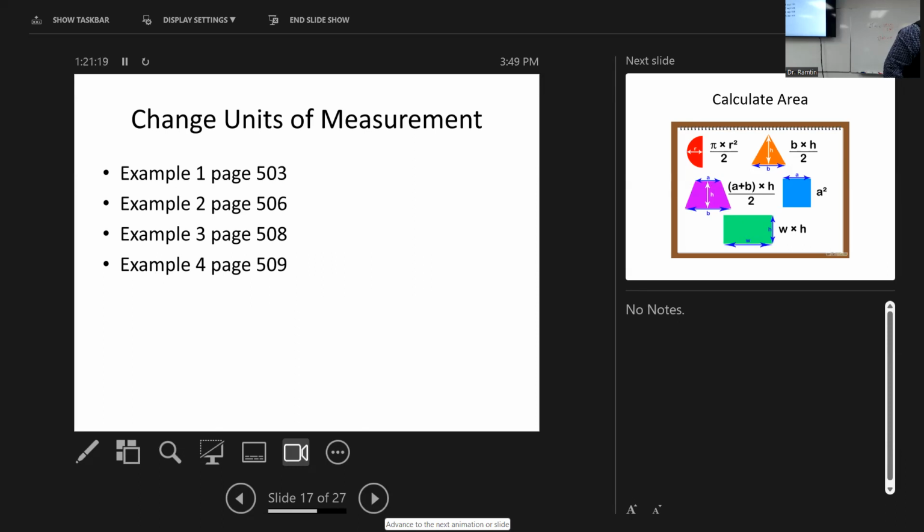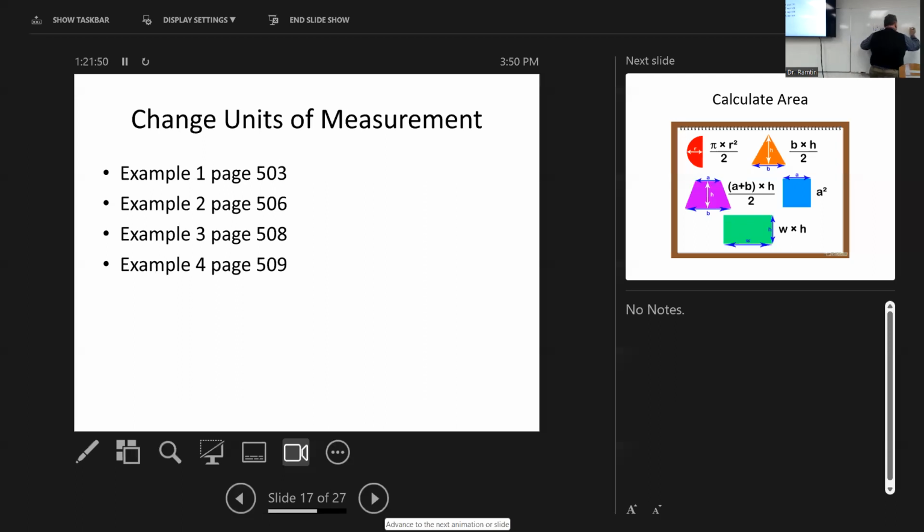Let's do part C also. It says convert 704 millimeters to hectometers.